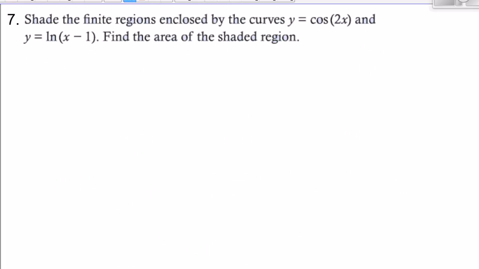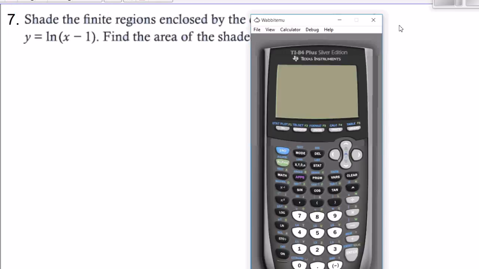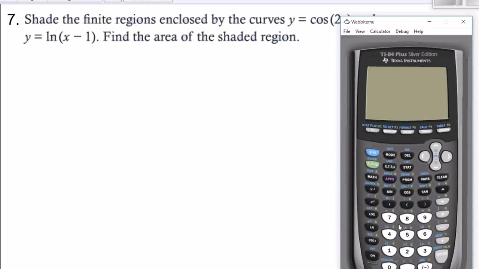Next question, it's a GDC question, a calculator question. So the first thing that we need to do in this question is to sketch the function on our calculator. So let's do it. Y is equal to, let's just clear this.